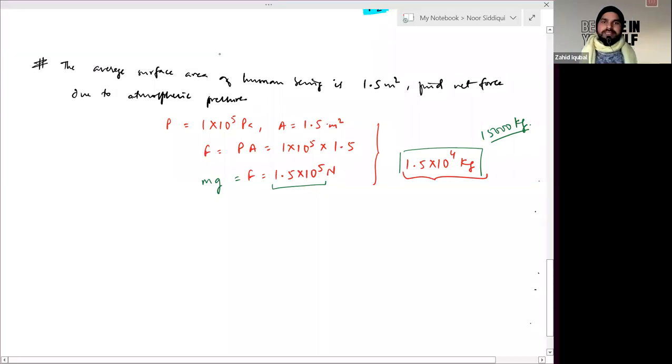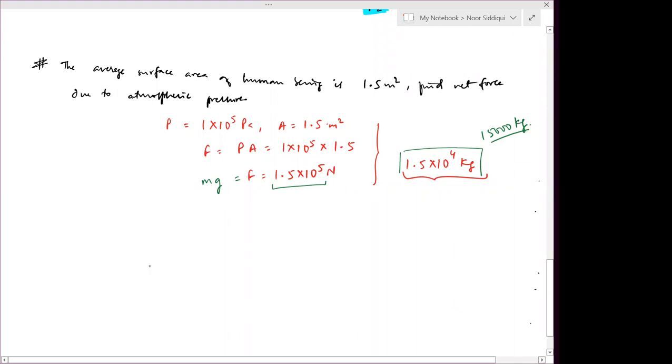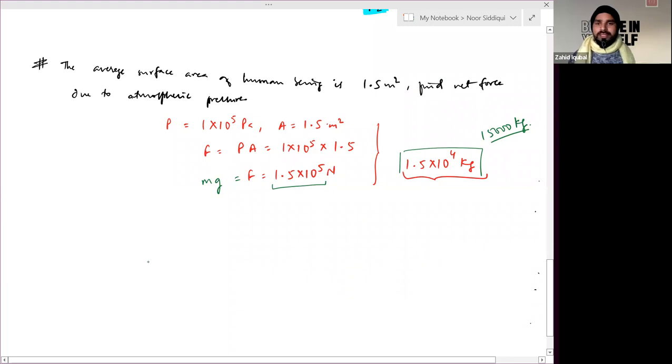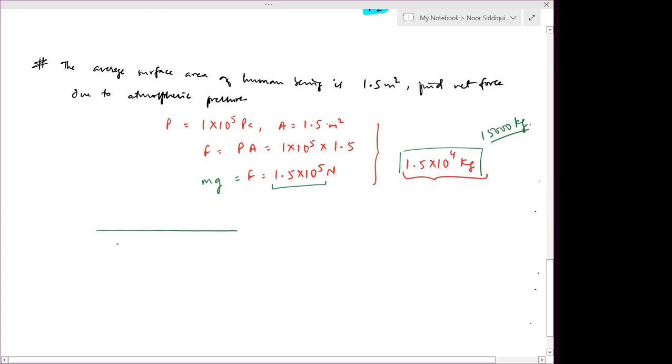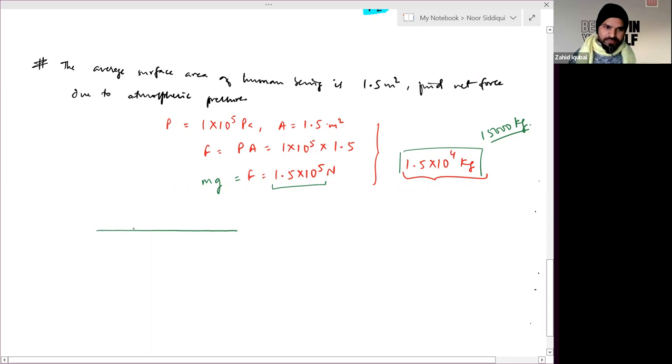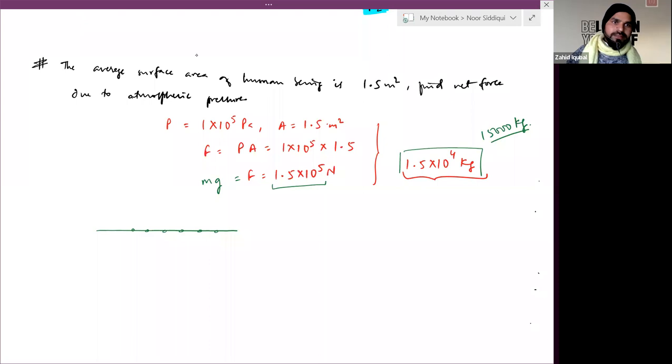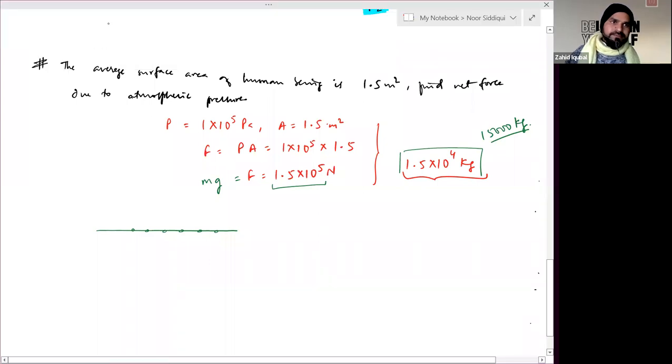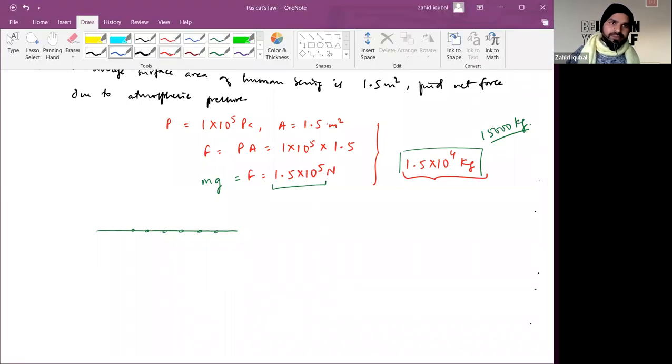You have bio or maths? Bio. Good. So you must have learned about epithelial tissue, which is covering all our body, that is skin. Let's say surface of skin consists of small pores. There is tissue just below this layer, which is adipose tissue.